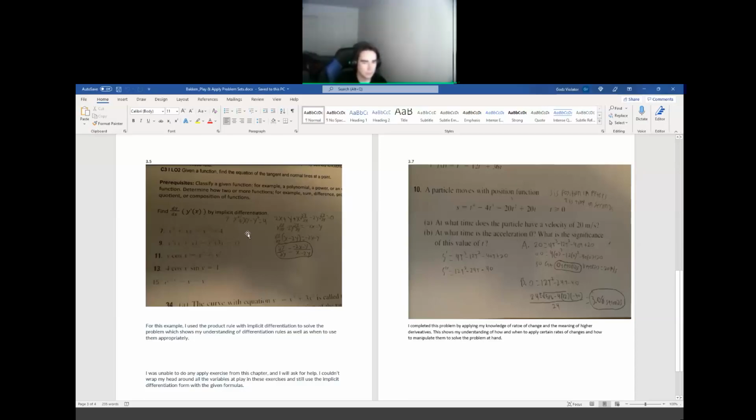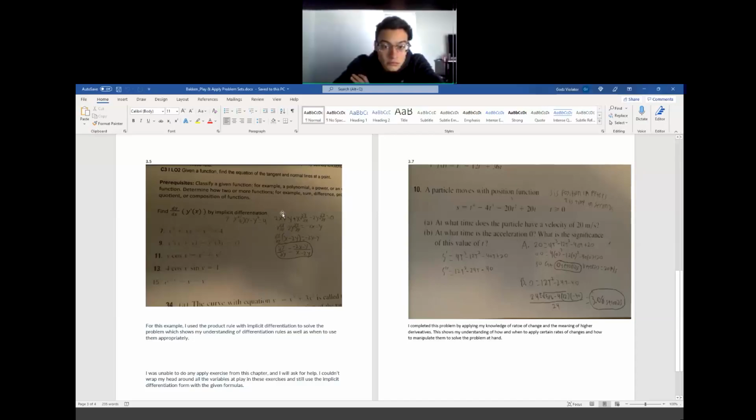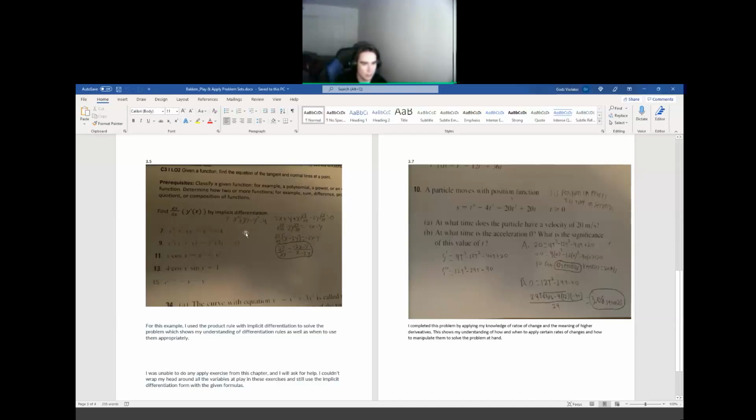Taking the derivative with respect to x, x squared is going to be 2x, and then for the product rule, plus y plus x times dy over dx, and then minus, for y squared, just the exponent rule, 2y times dy over dx, and then equals 0 because the derivative of a constant is always 0.